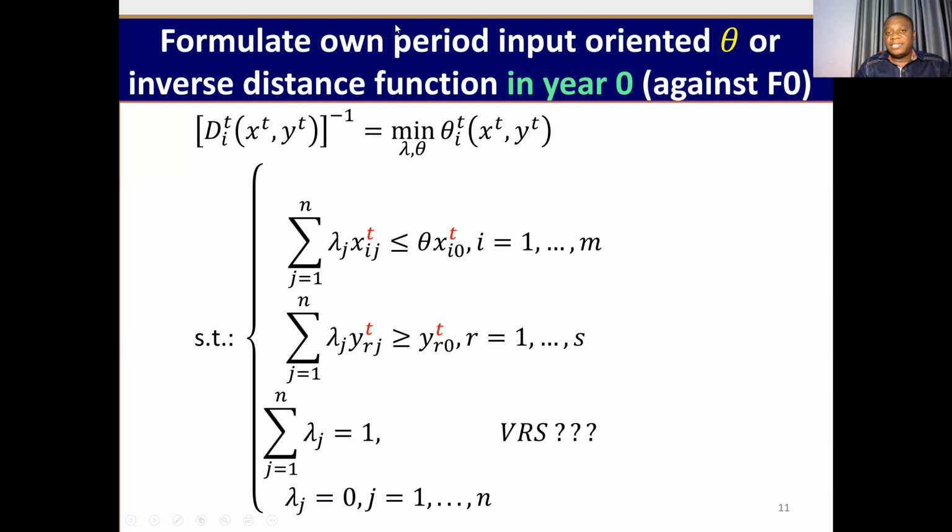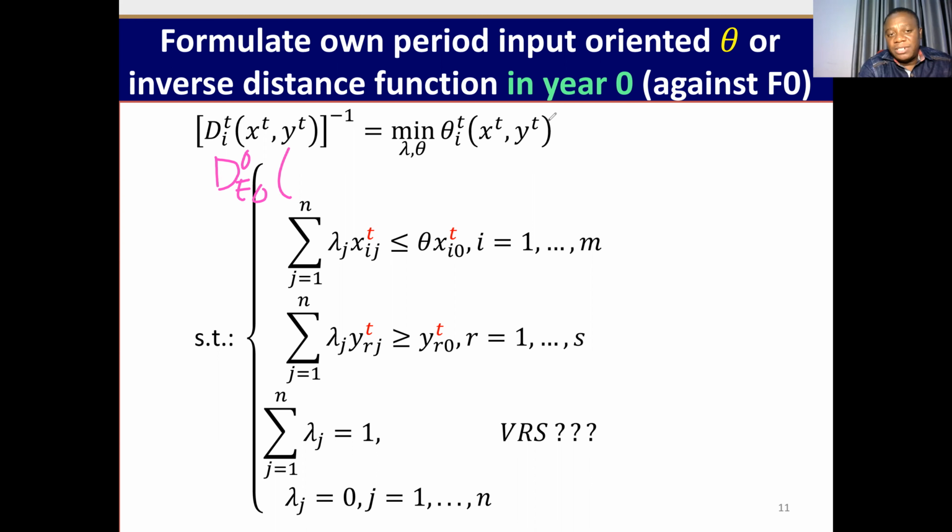I normally want to write it in a way that you will also be able to know exactly how to document it. So you will write d, the distance function of DMU E in year 0, and this d is in year 0, so you can just use 0 there.